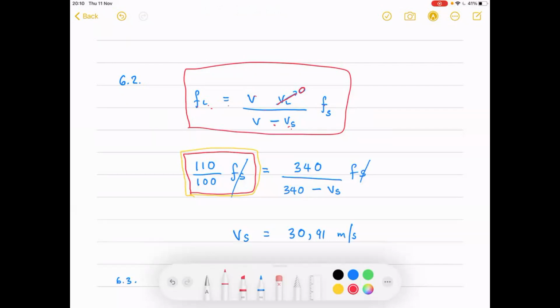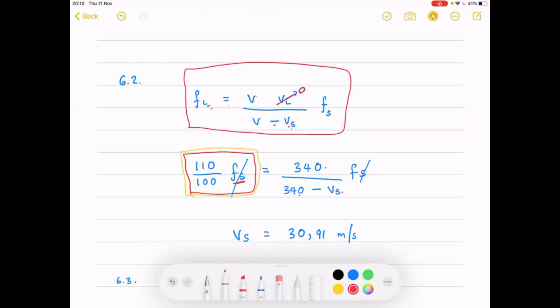Now we can rewrite that, putting in the speed of sound in air, 340 meters per second. We're trying to solve for vs. The listener hears 110%, so 110 out of 100 times the frequency of the source.